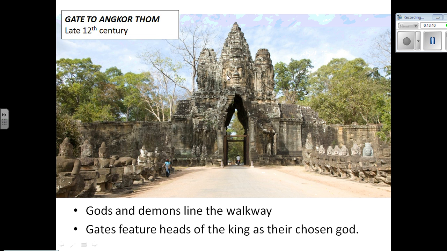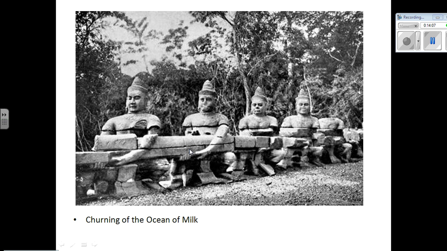And then we will see a lot of these mountains carved with portraits of the kings as their god, as their chosen god. So a lot of references to Vishnu here, some references to Shiva, and overall just that uniting of divine and political power. Okay, here's a little close-up of that churning of the ocean of milk walkway.